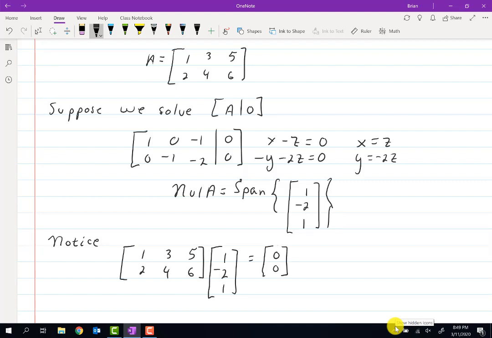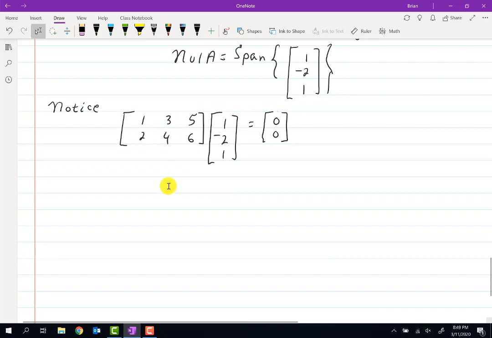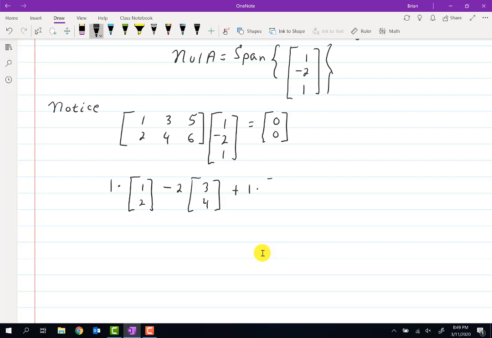But more importantly, if you were to multiply this out, you can get the following: 1 times the vector 1, 2, minus 2 times the vector 3, 4, plus 1 times the vector 5, 6, will equal the 0 vector.